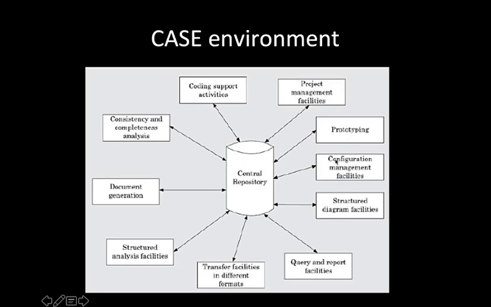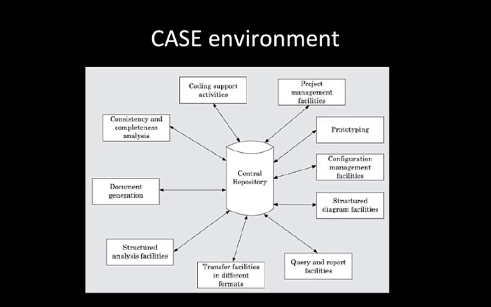Then there might be configuration management facilities, structured diagram facilities, query and report facilities, transfer facilities in different formats, then structured analysis facilities. If you want to generate different kinds of documents, there might be tools in CASE. Then also for consistency and completeness analysis, to see whether the software is complete, there might be tools for that also.